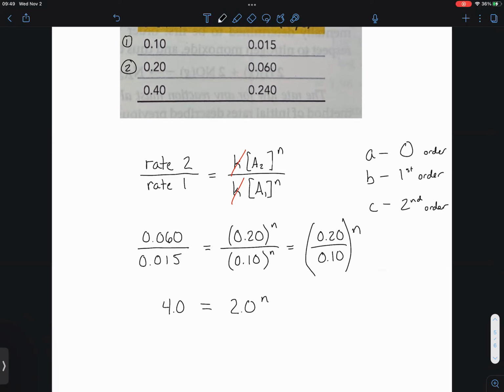So again, there's only going to be 3 answers, right? So you could figure this out by plugging in 0, 1, and 2 for n in order to figure out what it would be. Or if we're going to be really skilled with our algebra, we can take the log of both sides. And again, this is probably the trickiest bit here, is knowing your logarithm algebra, how this is equivalent to n times the log of 2.